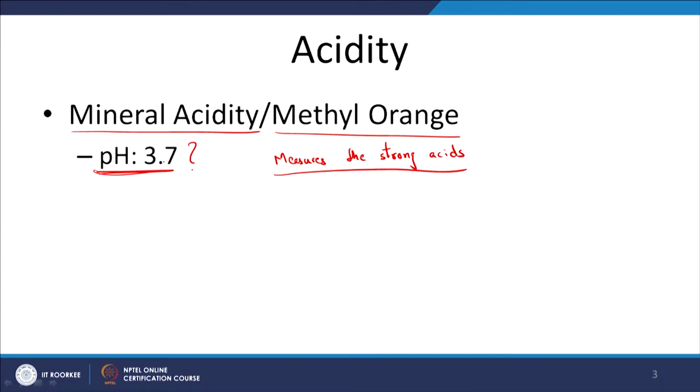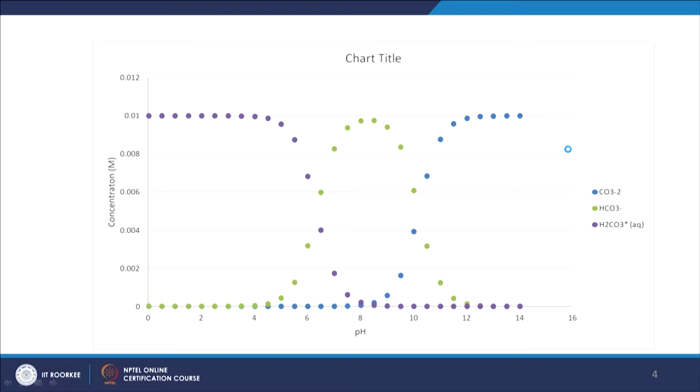So this mineral acidity or methyl orange acidity is only trying to calculate or measure the amount of these strong acids present in your solution. So let's look at why pH 3.7 now. The key is that it only wants to measure the strong acids and not the H2CO3 that's present in your system. Let's look at the relevant carbonate speciation system, which is something we looked at previously too.